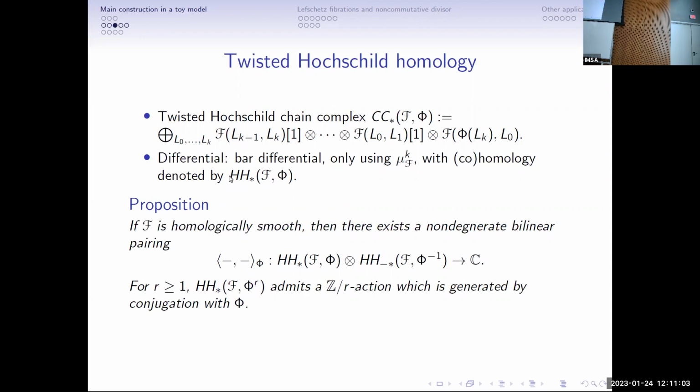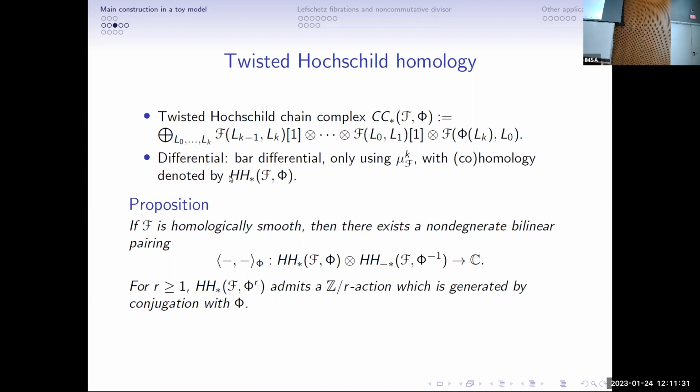Under this assumption, well, maybe let me put things more precisely. As long as our category is proper, we can always find such a pairing defined over the tensor product of the twisted Hochschild homology with phi, tensored with the Hochschild homology with phi inverse. And if F is homologically smooth, this pairing is non-degenerate.